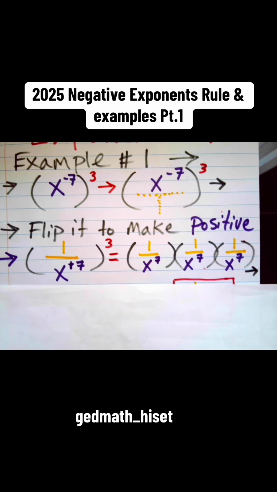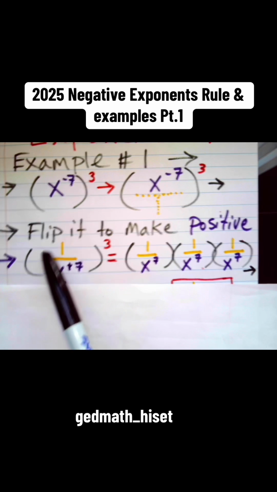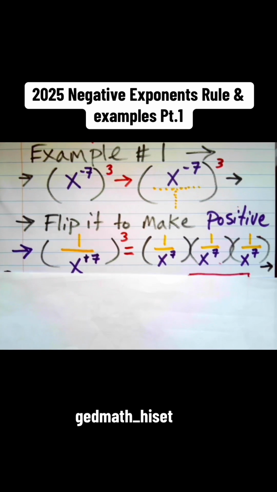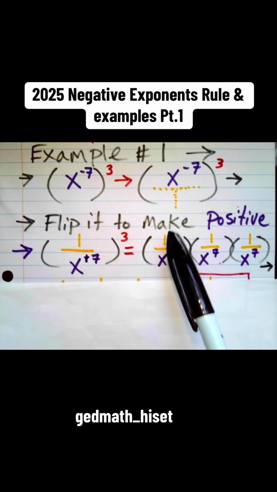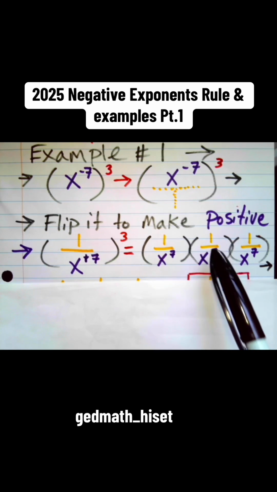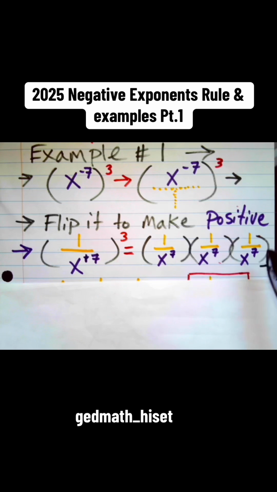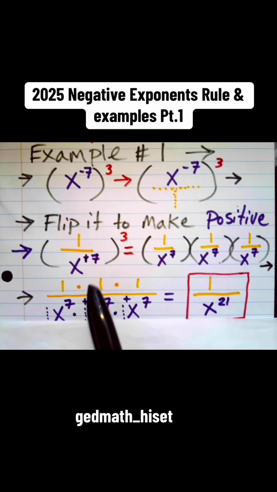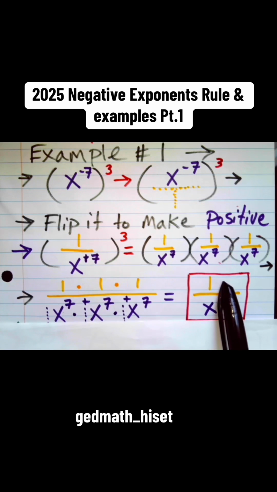And so to simplify it, 1 over x to the 7th power raised to the power of 3 means this term times itself 3 times. So that's what I'm showing you here. 1 over x to the 7th times 1 over the x to the 7th times 1 over the x to the 7th power. What is 1 times 1 times 1? 1 times 1 times 1 is 1.